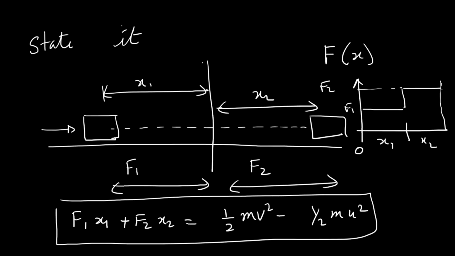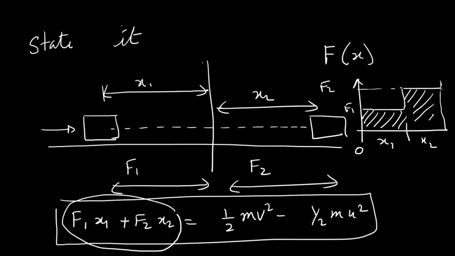Okay, so what we notice is this expression that has been defined as work on the left hand side. You can easily notice that it's the area under the F-x curve, the F-x plot.